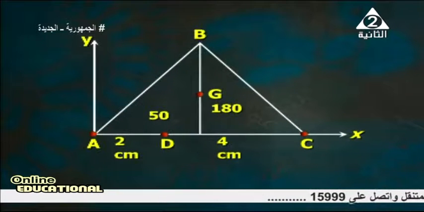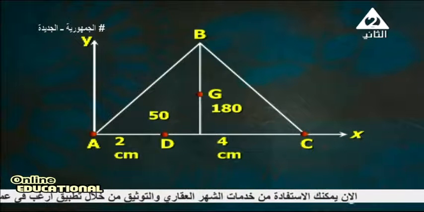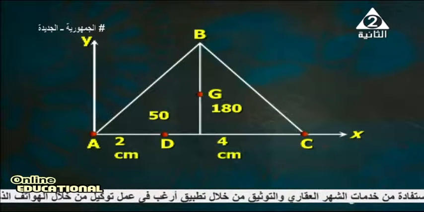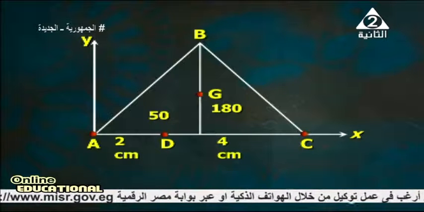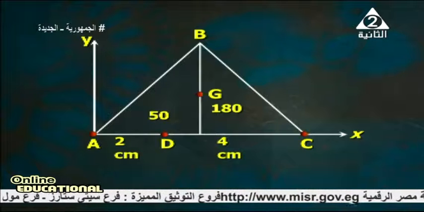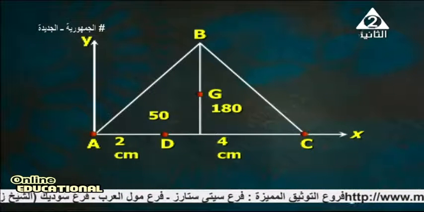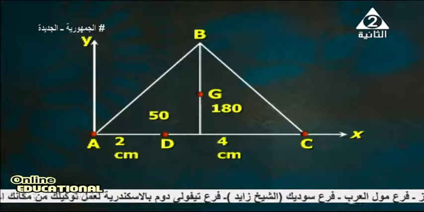After that, look at, we have, my dear student, two masses, 180 at G, 20 at D, its coordinate D is 2, 0. At G, this is the centroid, which we have.